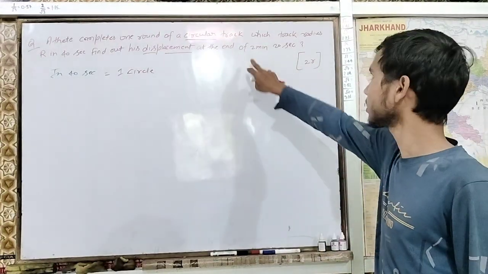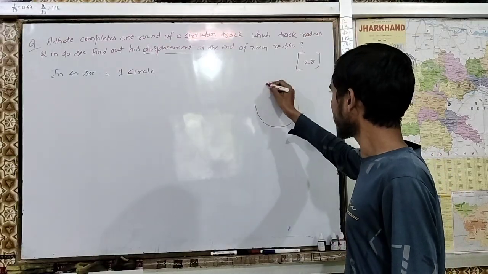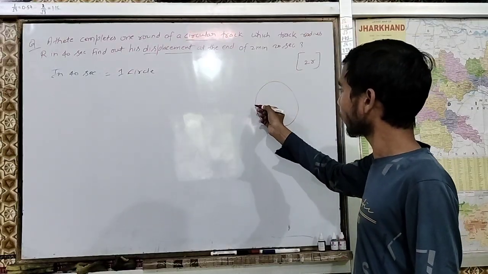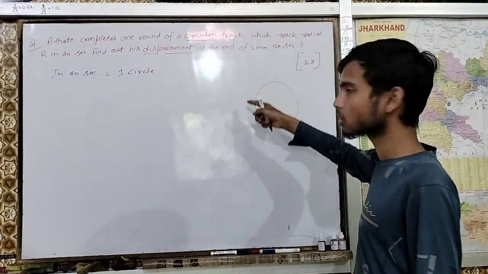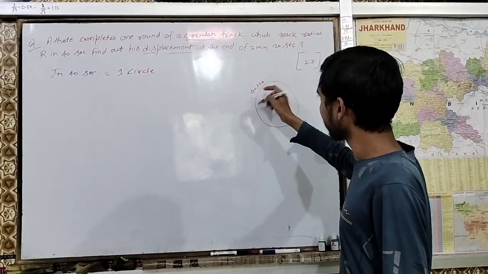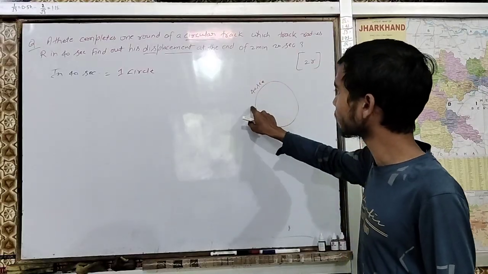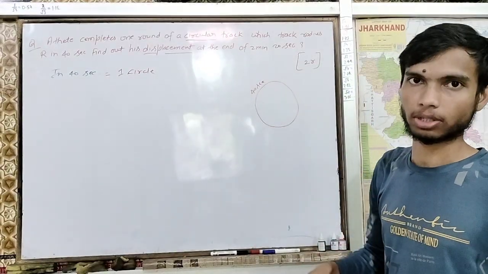Now let's visualize this part. There is one circle. When he starts moving in a circular shape, after 40 seconds he reaches the initial position.